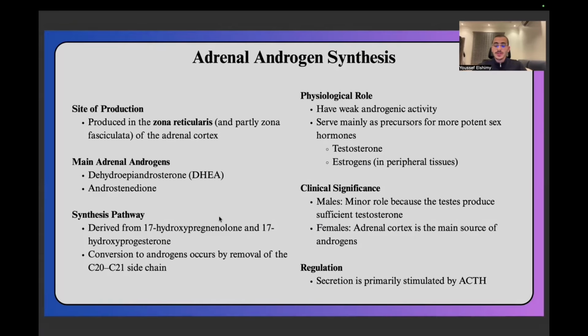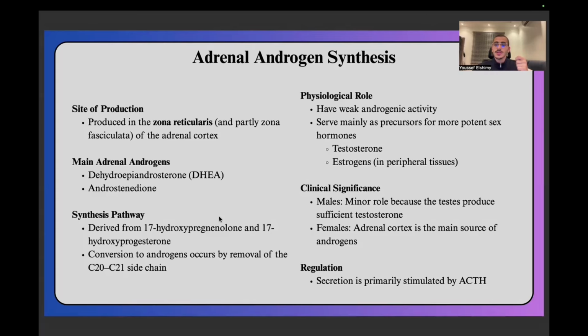For the clinical significance, in males, it has a minor role because males have testes, and testes are the main site of testosterone production. So they don't need that much androgen from the adrenals because they already have testes, and these testes produce testosterone. For the females, it has a major effect because it is the only source of androgens for the females, as they don't have testes.